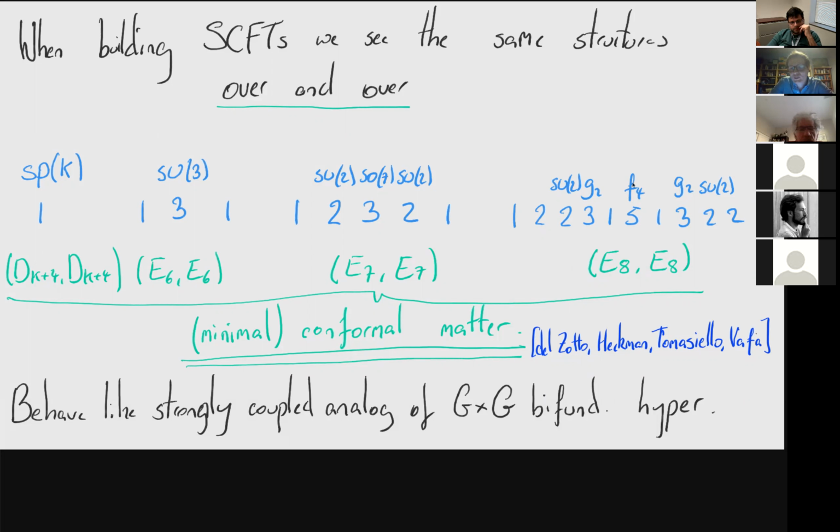And these are the flavor symmetries of these particular 6D SCFTs. You might wonder why there's no SU or AA type. And the reason for that is that the 6D theory is just a free bifundamental hypermultiplet, and that's not an interacting superconformal field theory. So these theories, they behave like a strongly coupled analog of a bifundamental hypermultiplet.